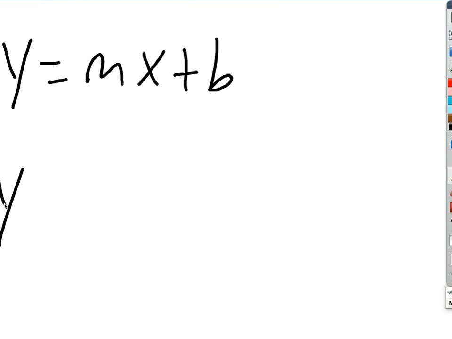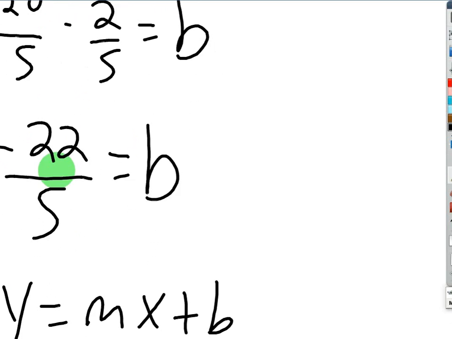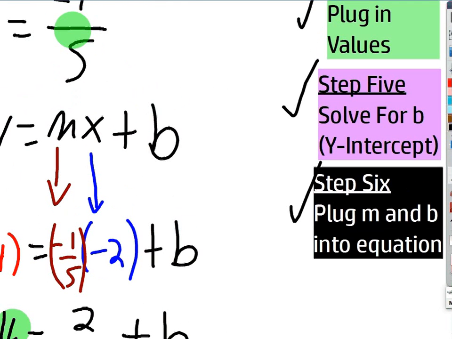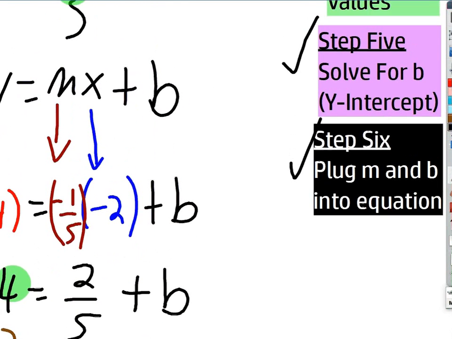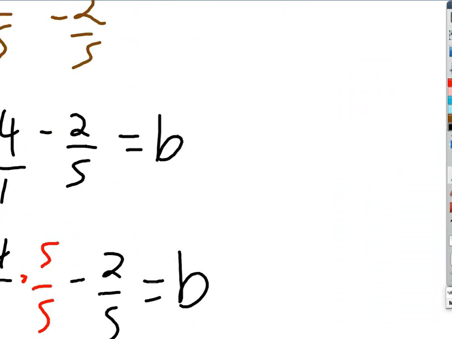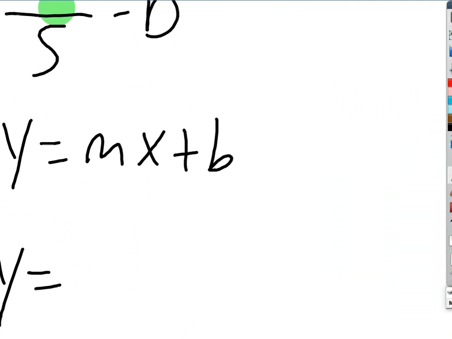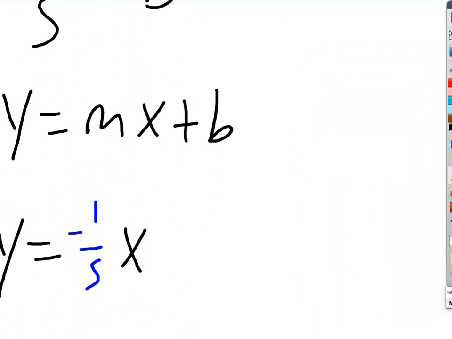Final answer: y equals, you're replacing the m and b, leaving y and x the same. So what was it? Negative 1/5 x. Good. Negative 1/5 x, and then replace b with what it is. Negative 22 over 5.